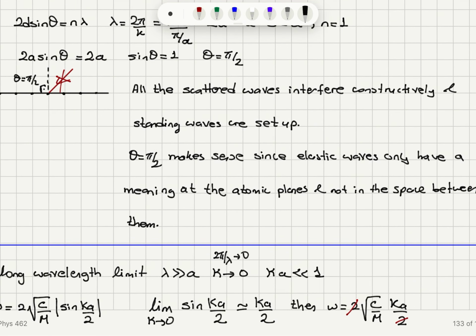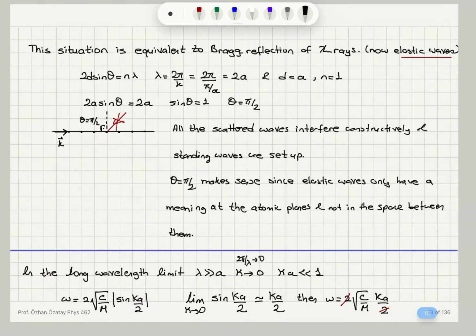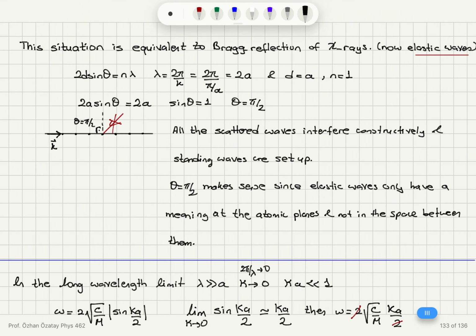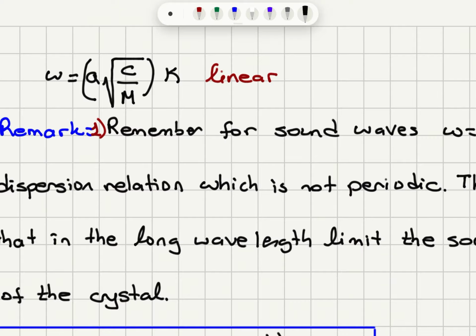In the limit k goes to 0, sine ka over 2 becomes ka over 2. So the 2's will cancel and we will find omega is square root c over m times capital K a. That is our wave vector magnitude. That basically tells us the omega versus k relationship becomes linear, and the slope is a square root c over m.